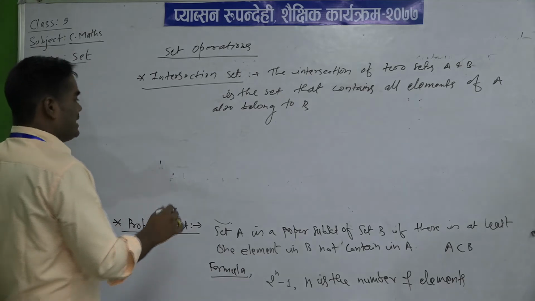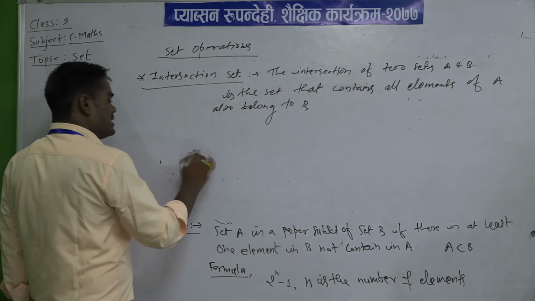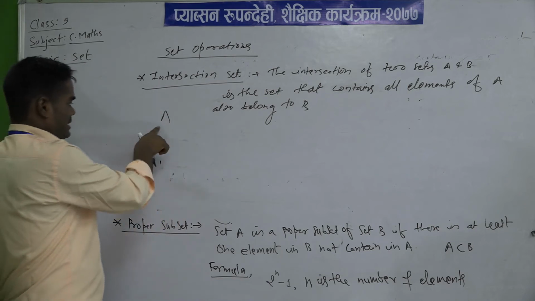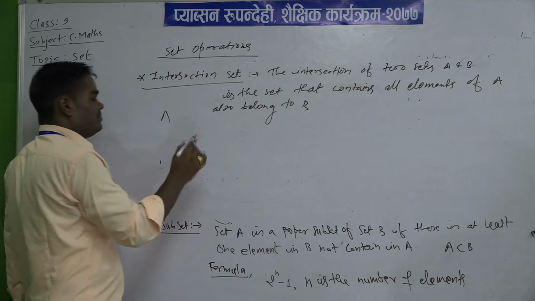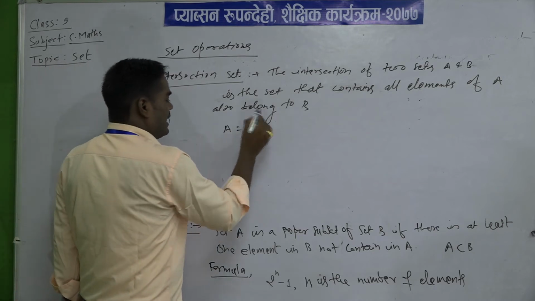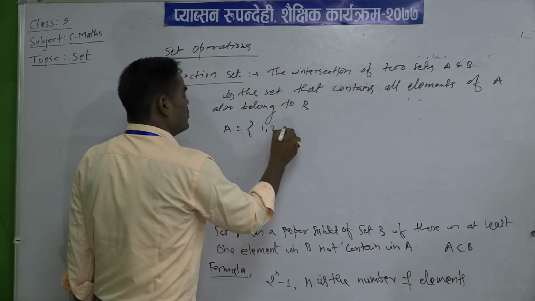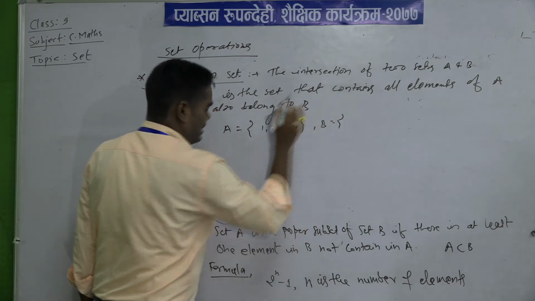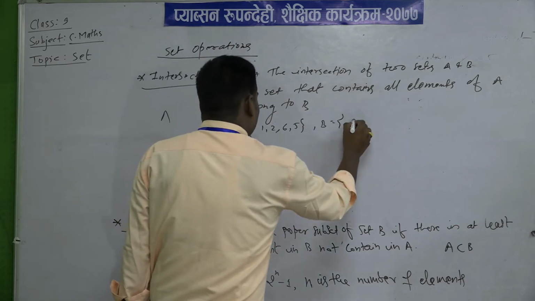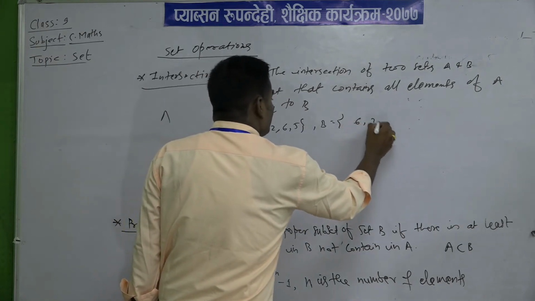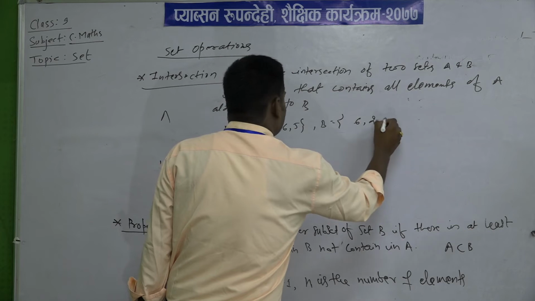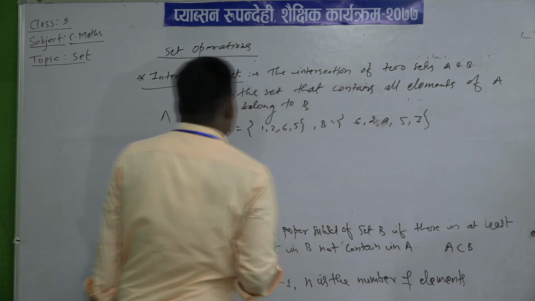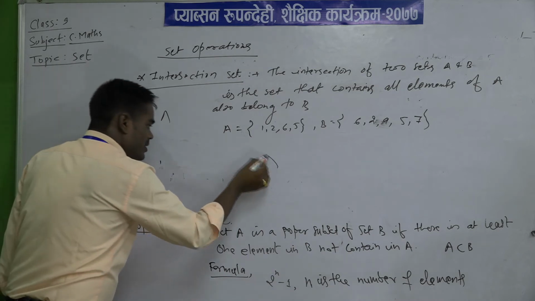It means, let us take an example. You know that intersection is denoted by the symbol ∩, just the opposite of ∪. Let A be 1, 2, 6, 5 and the other set B be 6, 2, 9, 5, 7. Let us draw the circles.